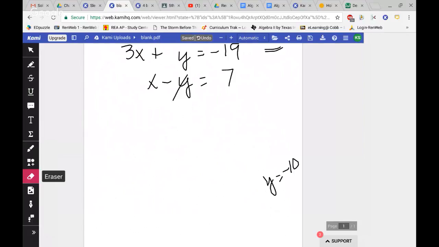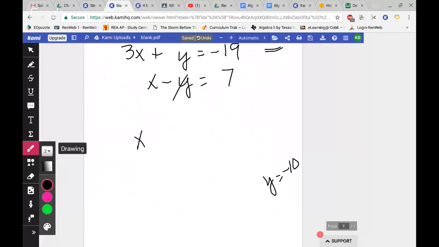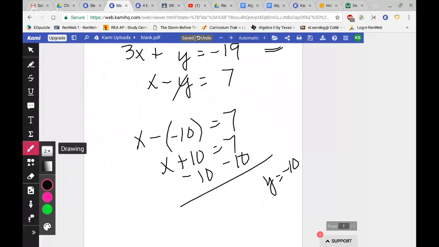I bet I will. I'm going to look over here and see. Yes, that is the answer. Good job. So x minus negative 10 equals 7. So x plus 10 equals 7. And so the final solution is negative 3, negative 10. You're doing good.